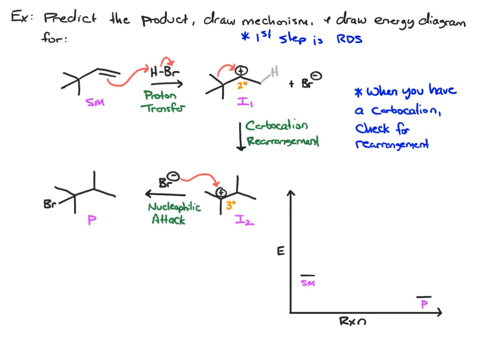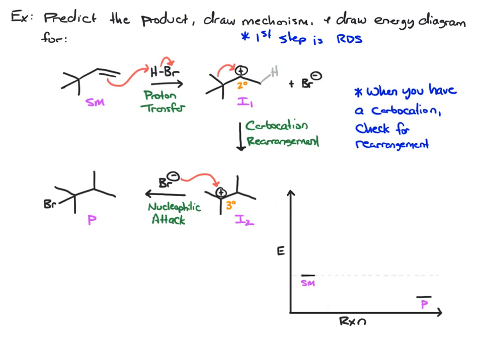Well, first, make sure your intermediates are higher than your starting material or your product. Just think about an imaginary line running right here, and your intermediates should not be below that line. So now when we put the intermediates in, we need them to be above that line.